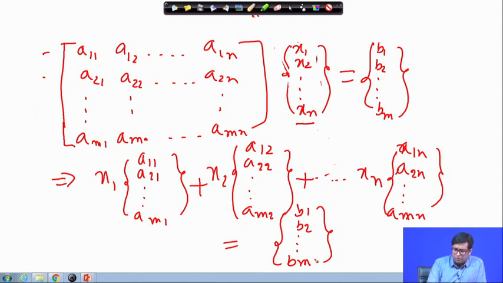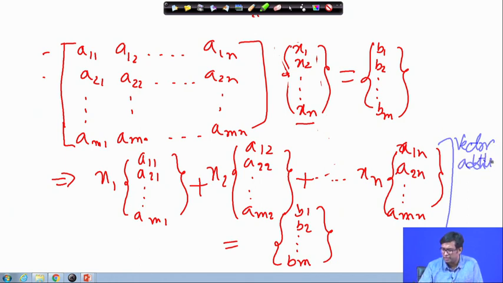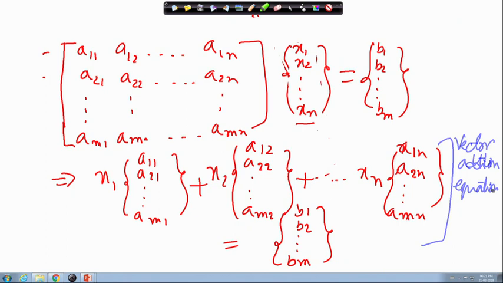So, the matrix equation is now expressed as a vector addition equation, in which we are adding a number of vectors with unknown coefficients to get the resultant, and we have to see what these coefficients are.